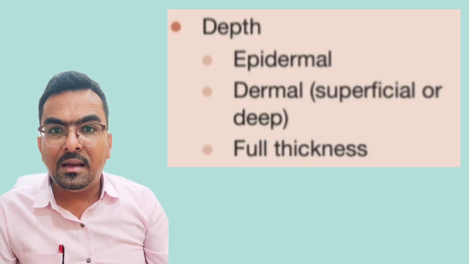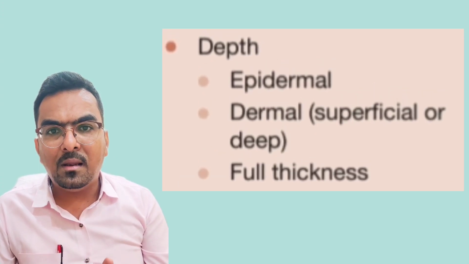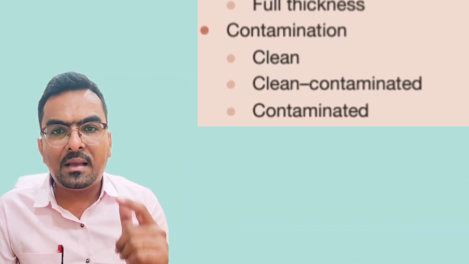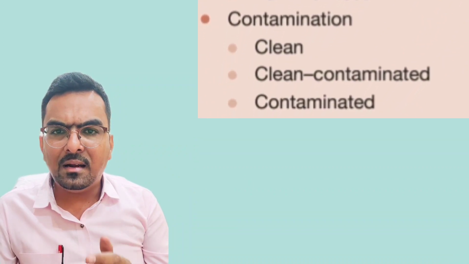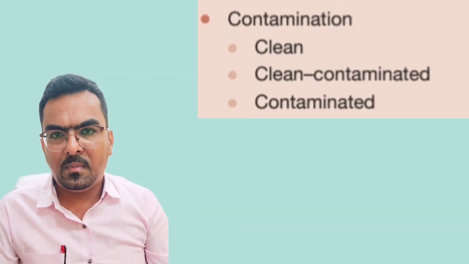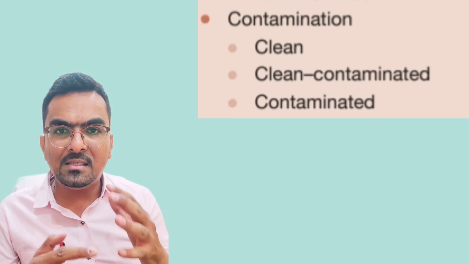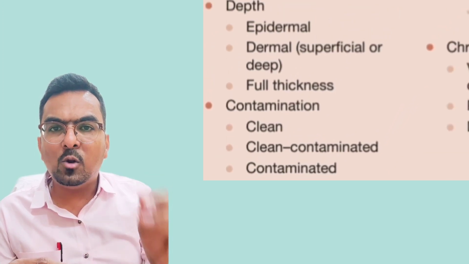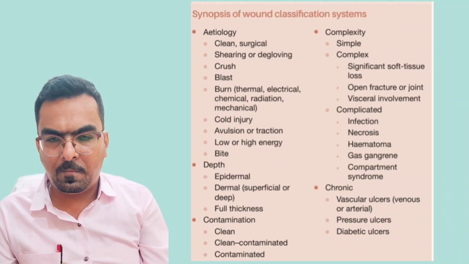Depending on the depth, it can be epidermal, dermal, full thickness wounds. Depending on the contamination, it can be clean, contaminated, and dirty. Sometimes we have to specifically see if there is any implant inside or it is a non-implant type of wound.